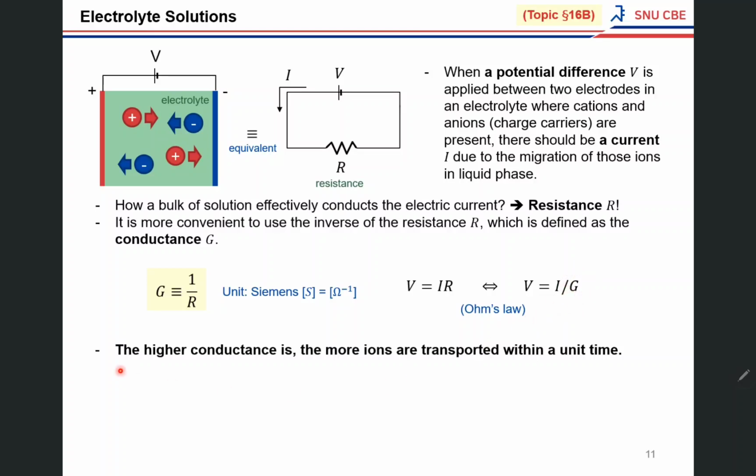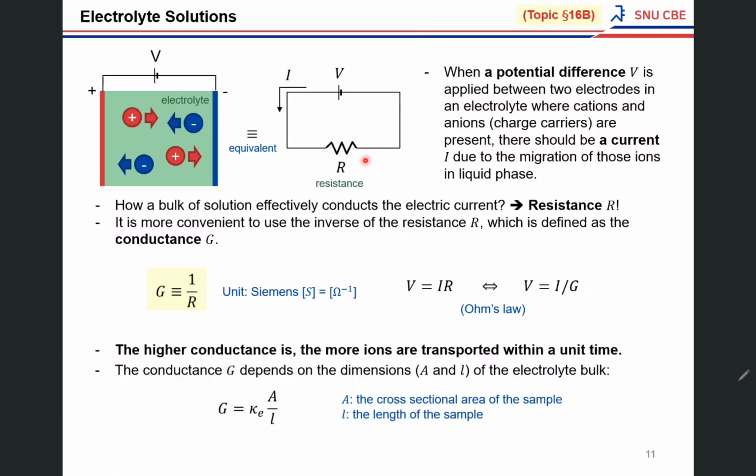A higher conductance means better conductivity: for the same voltage difference, more ions are transported within a unit time. So conductance is an innate property of this liquid sample hooked up to the voltage difference, and conductance G may depend on the dimension of this bulk of liquid solution.